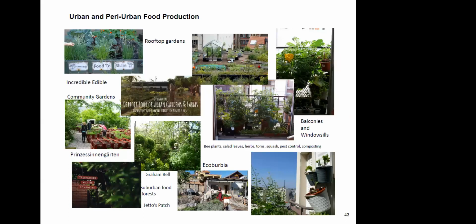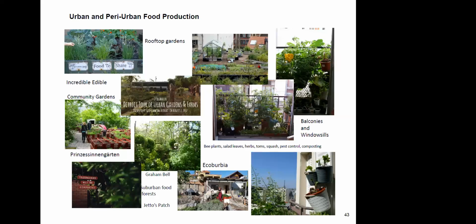You can create whole streets of people who are creating food forests in their garden, which is what Ecoburbia is doing. That's the picture at the bottom in the center. That is Shani Graham in her suburban house outside Perth with her goats, and that is really quite a remarkable project. I can recommend actually going online as well and having a look at that.